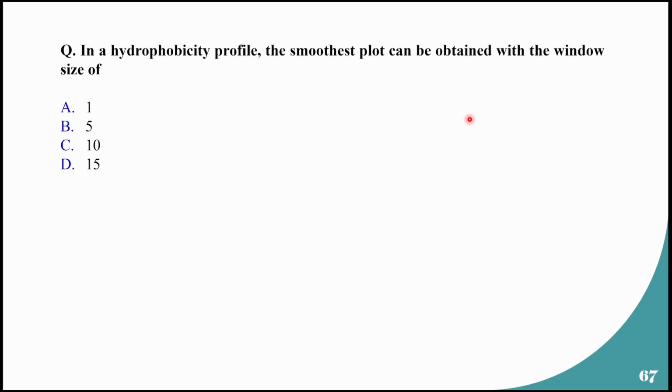And then we saw, for any kind of plot, be it your dot plot, your hydrophobicity profile, or any kind of profile, the window size. Window size means that instead of plotting character by character, you consider a collection of residues as a single point, do their hydrophobicity calculation, maybe the average hydrophobicity, and then put a dot on the plot.